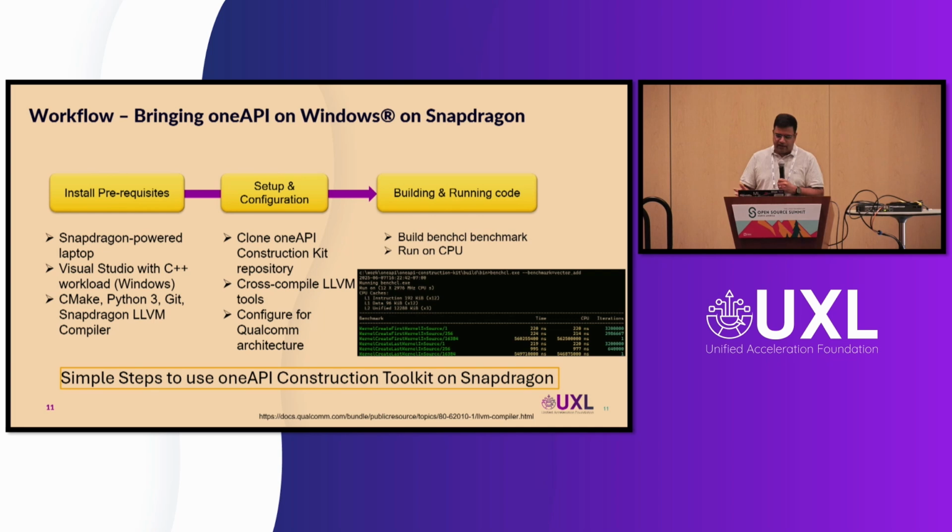And then you build it, and what we are right now doing, the benchCL benchmark, it ran the same way on different hardware with a single code change from the construction toolkit. You can map to CPU, GPU, NPU based on your application use case. So this simple step helps us to scale any oneAPI use cases on multiple devices. And that's the goal and learning of what we did in our project evaluation.